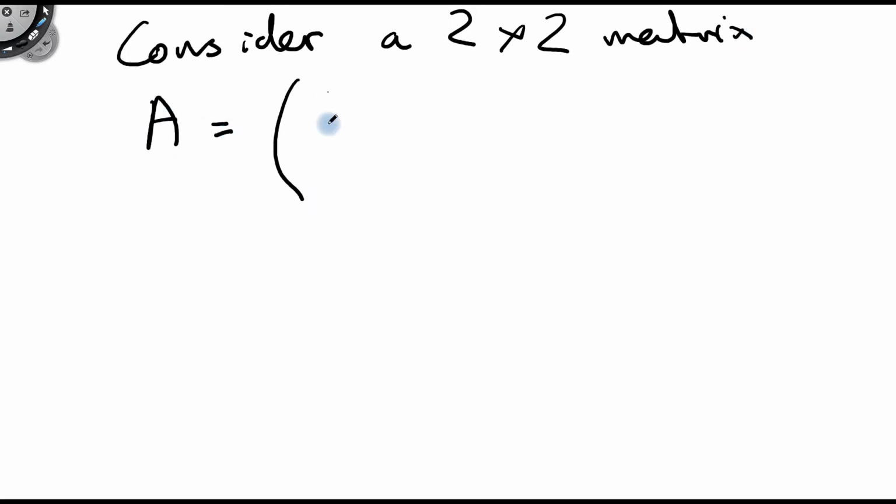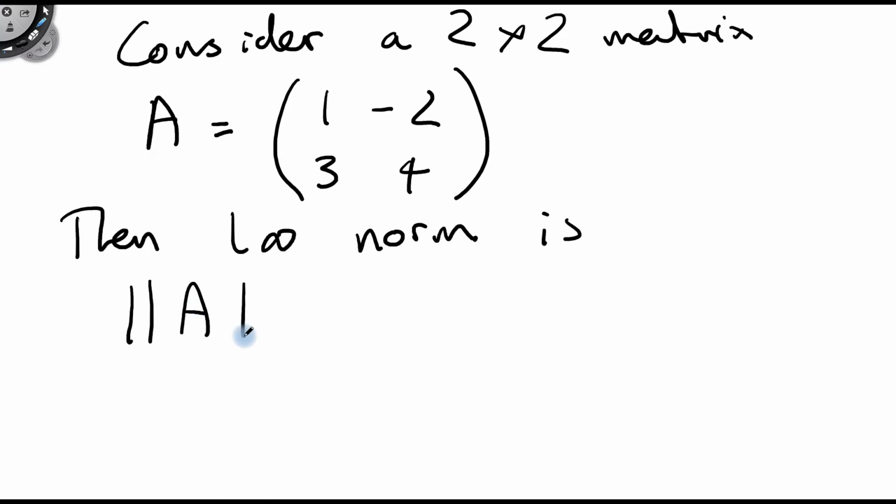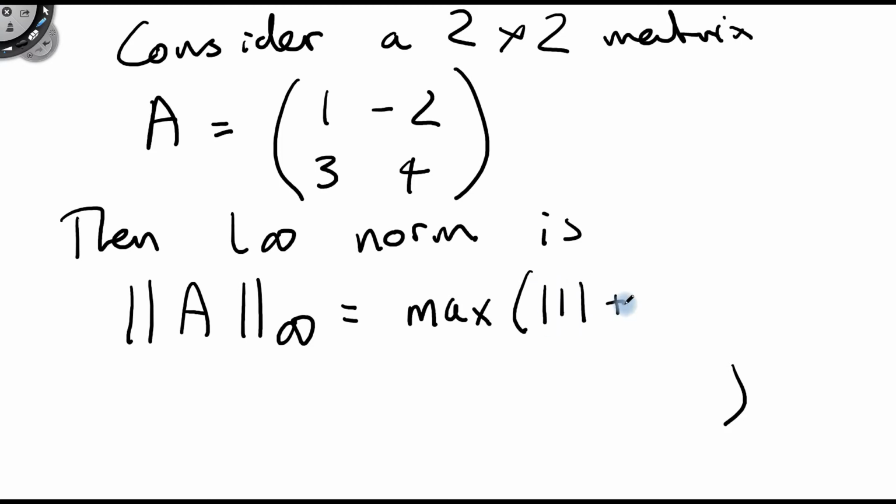If A is just [1, -2; 3, 4], then the infinity norm is simply, and I'm just going to break it into 2 lines so it's obvious, we're going to sum along rows the absolute values.